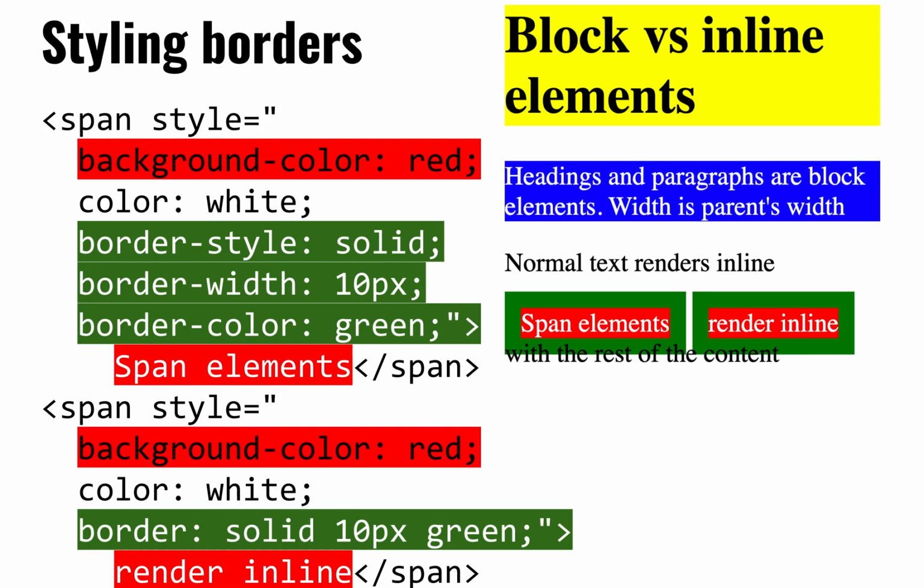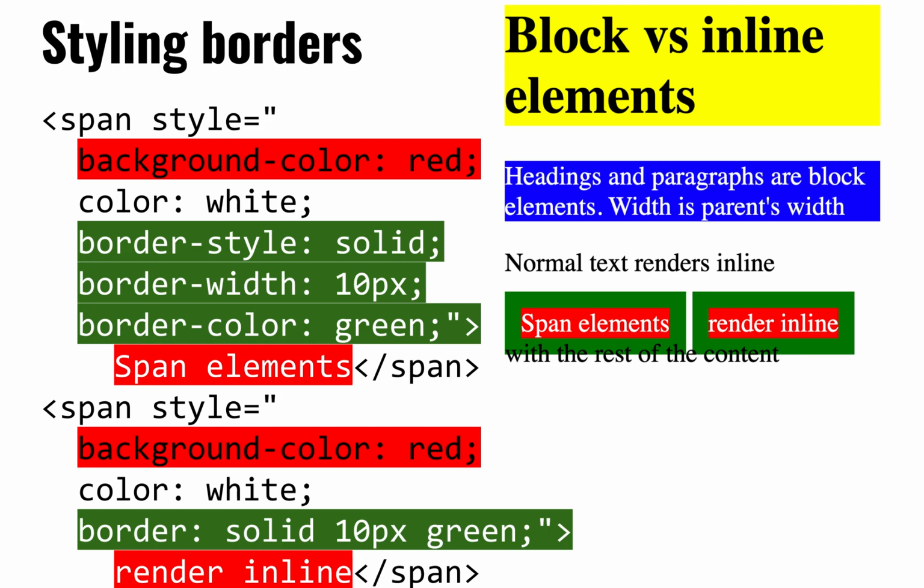The one on the left here, notice that we have applied the border style solid, border width 10 pixels, and border color green. And notice that it indeed renders that way, right? There's a thick green border all around it. Notice that the one on the right has the identical styling, still has the same green border.